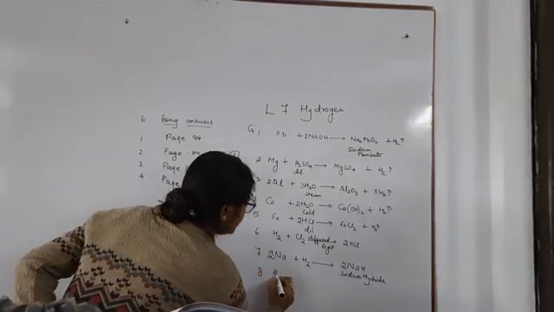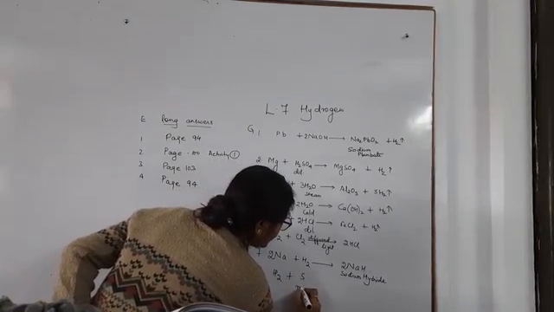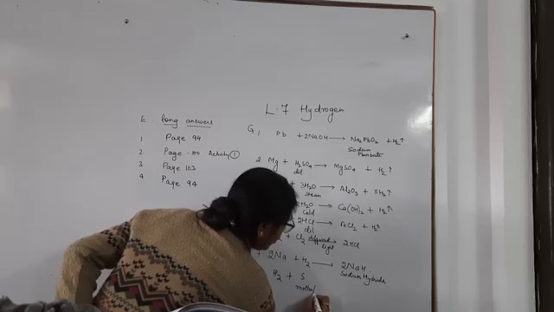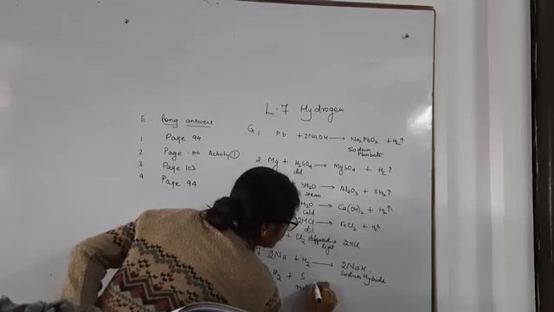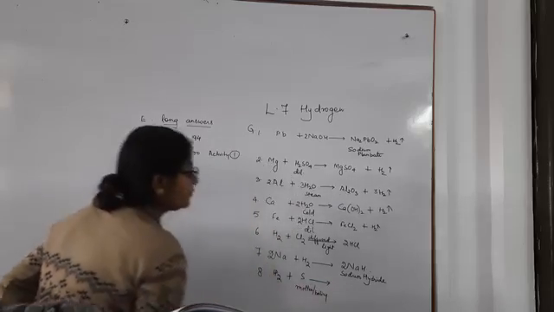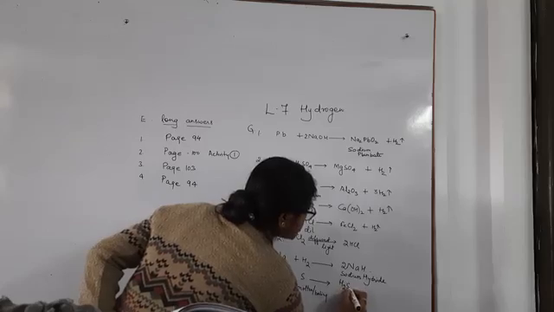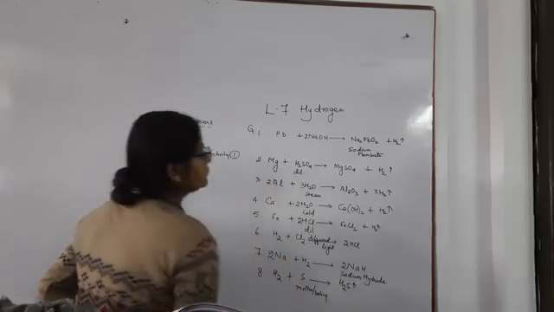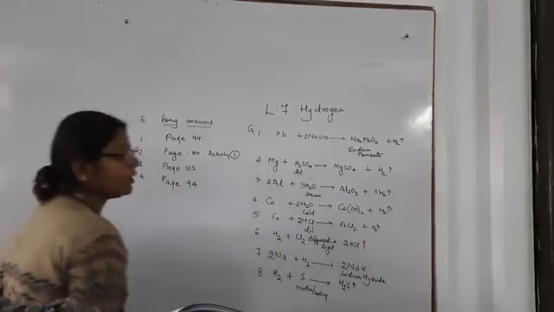So H2 hydrogen plus sulfur. Below it you write down molten or boiling. This is the condition. It will form hydrogen sulfide gas H2S. Gases we always show with an upward arrow.